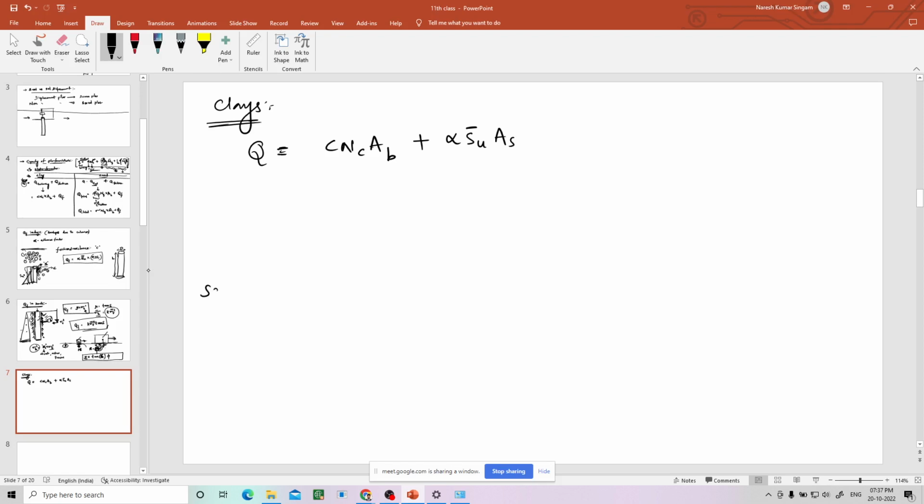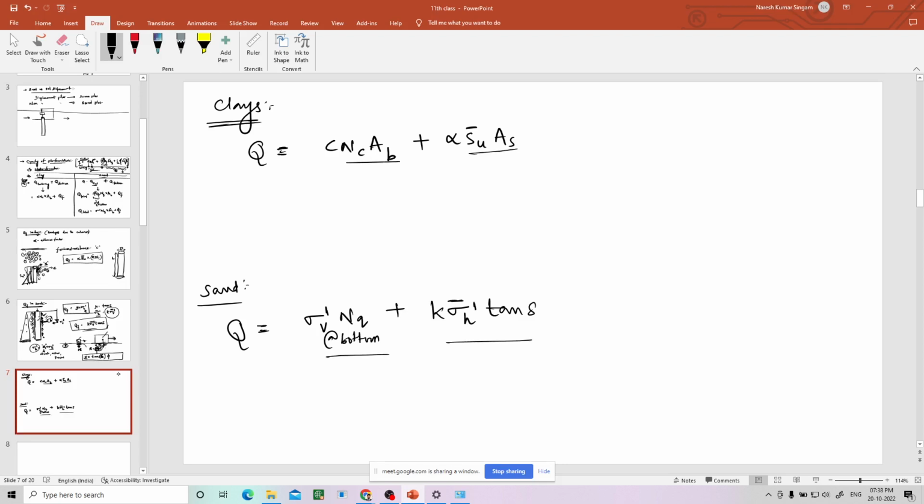And for sand, Q is sigma B dash at bottom NQ plus sigma H dash bar tan delta, right? So this is bearing, this is friction, this is friction, this is bearing.